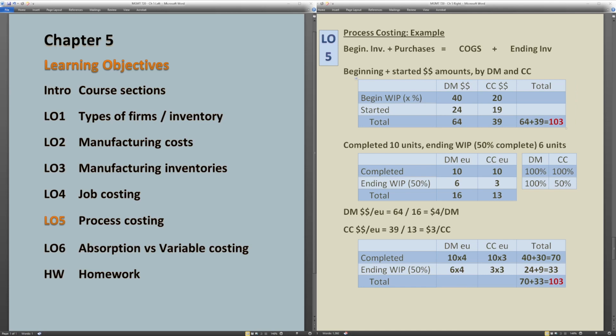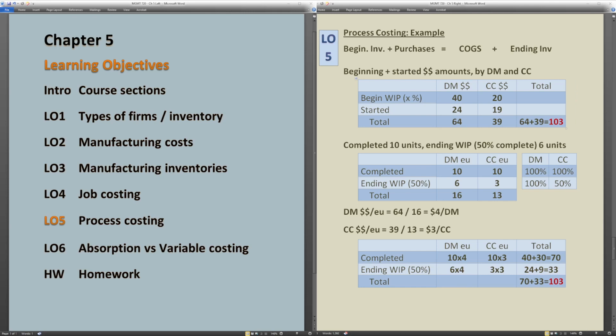For purchases in this particular example, when we're talking about work in process, we're talking about started. So it's beginning work in process, and instead of the word purchases for work in process, we use the word started, because started are the new items in the situation, and completed items are the ones that leave the inventory. Started items enter inventory, completed items leave inventory. So they're the equivalent of purchases and COGS.